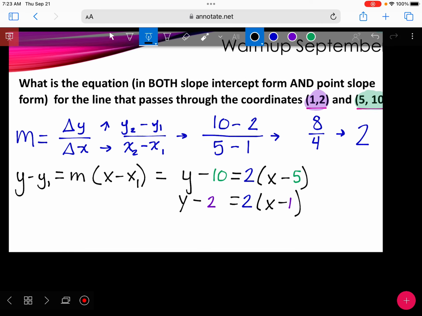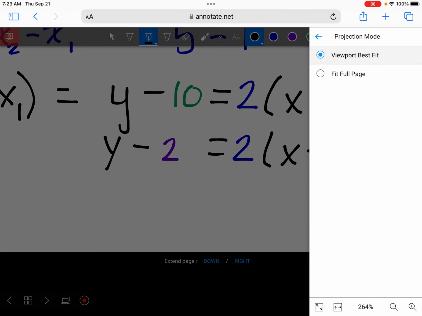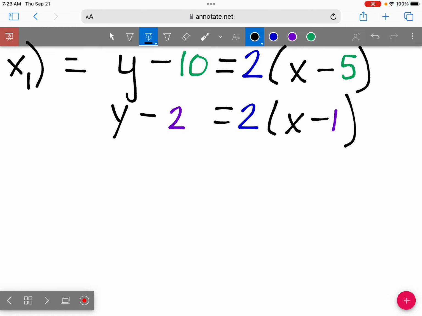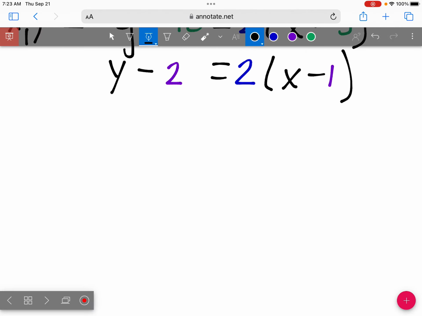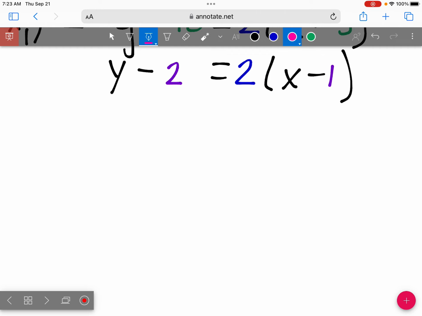To find slope-intercept form, what we're going to do is we're going to take one of these and multiply it out. So simply because I have it on the bottom, I'll use this one. So what do I need to do to get this into slope-intercept form? Distribute the 2.